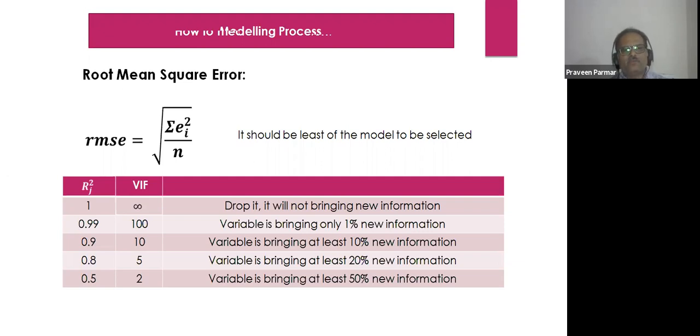When Rj square is 0.9, VIF is 10, and when Rj square is 0.8, VIF is 5, so it is bringing at least 20% new information. If Rj square is 0.5 or VIF is 2, the variable is bringing approximately 50% new information. So we consider at least 20% new information from our data, and we drop the variables having VIF greater than 5.